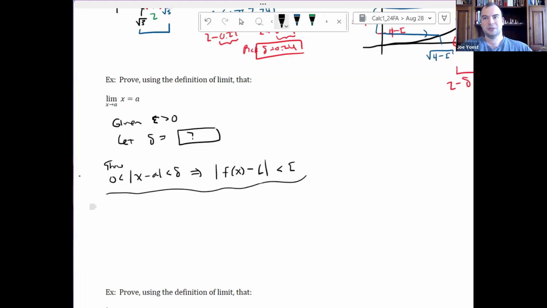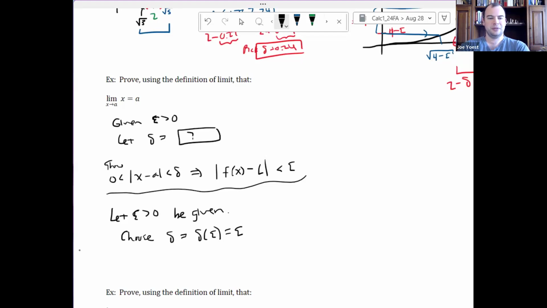Let's start writing it out. So we'll say let epsilon bigger than 0 be given. And here we're just going to choose delta, which remember is a function of epsilon. We're just going to choose delta to be epsilon. It turns out that'll work for this problem. We're going to leave the figuring out what delta should be to a future problem. That's the trickiest part.